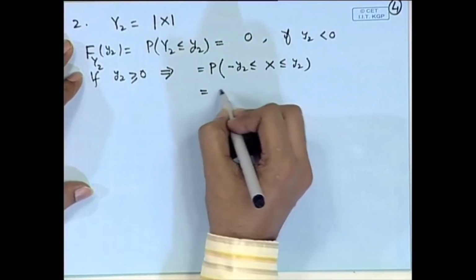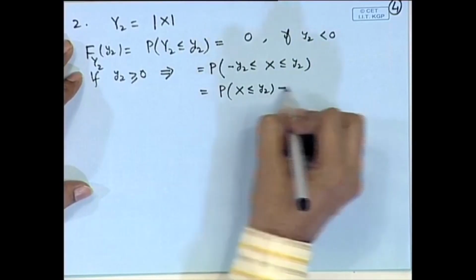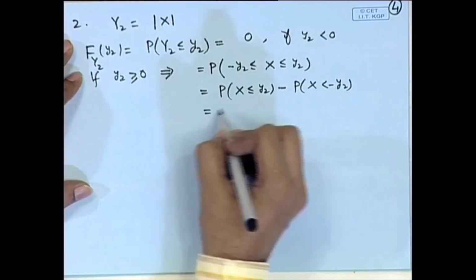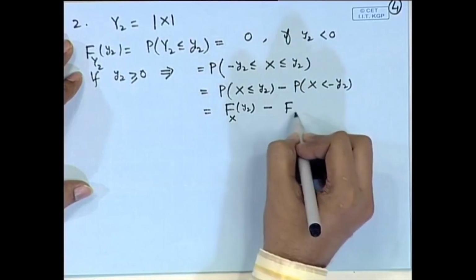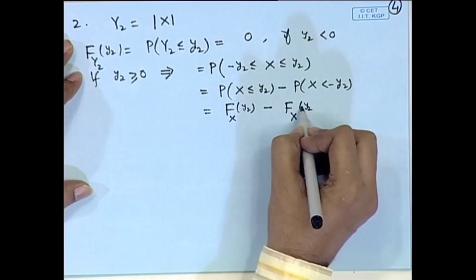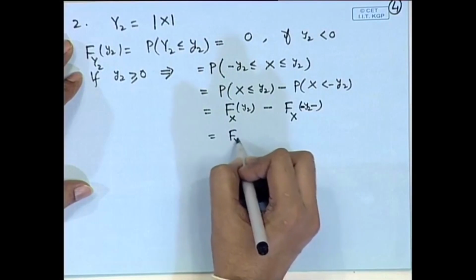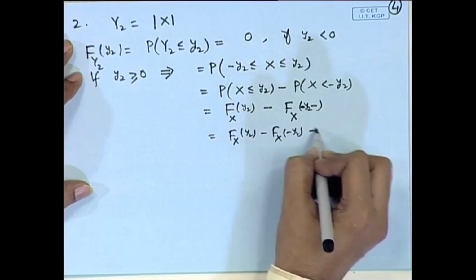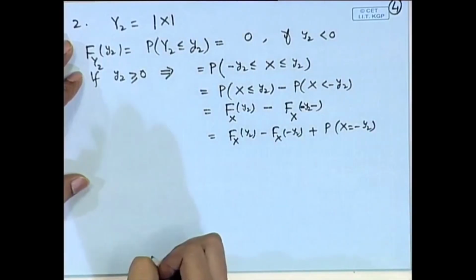So, this is equal to probability of x less than or equal to y2 minus probability of x less than minus y2, which is nothing but the CDF of x at the point y2 minus the left hand limit of the CDF at minus y2. We can write it as F x of y2 minus F x at minus y2 plus probability of x equal to minus y2.